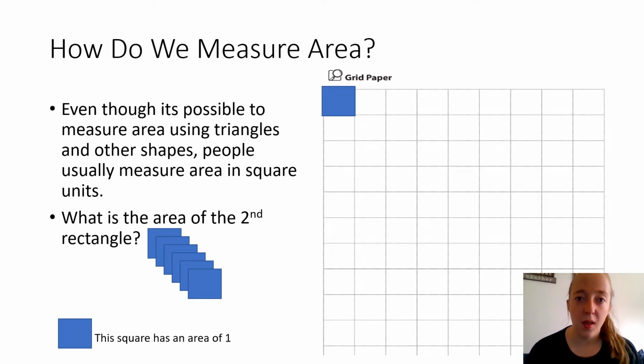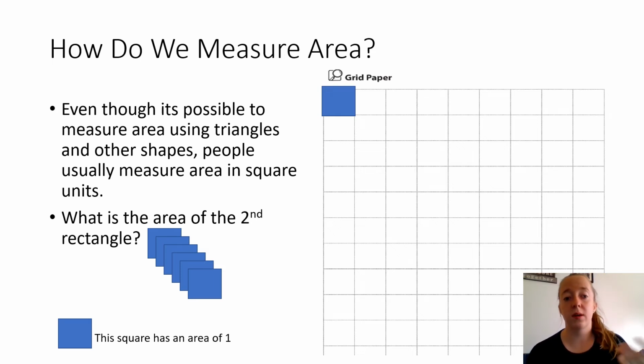Hi everyone! Alright, so like I said before, you can measure area in different ways. And like the last slide that we did, we measured our area in triangles as 1 unit. But even though you can do that, most people usually measure area in square units, right?